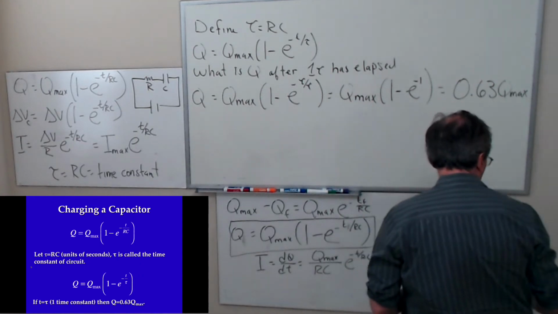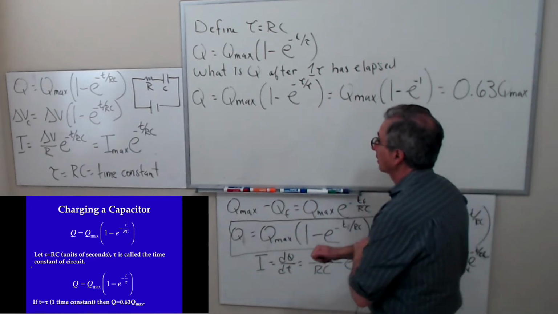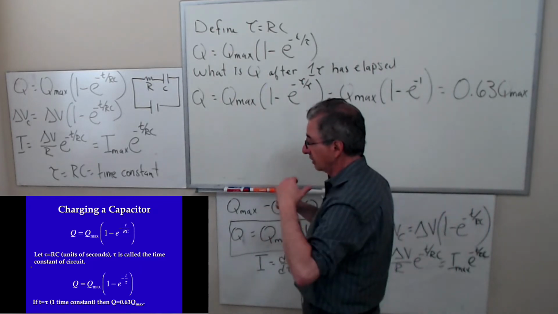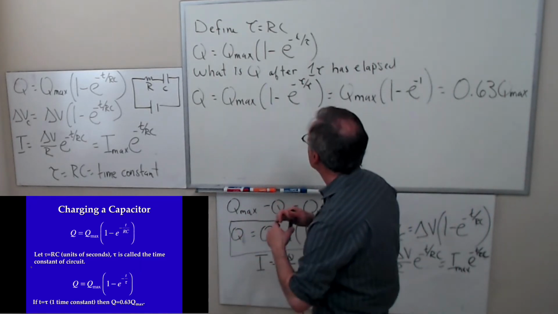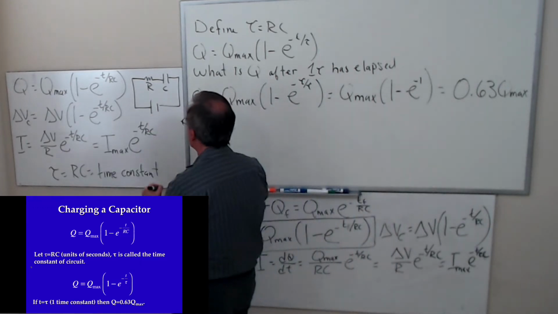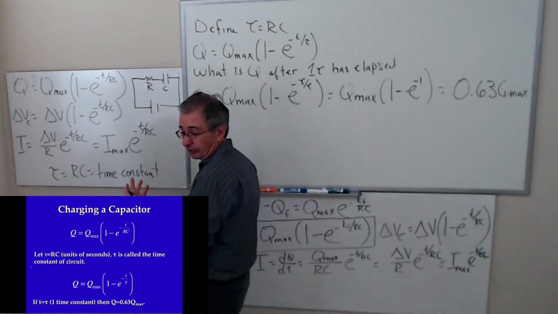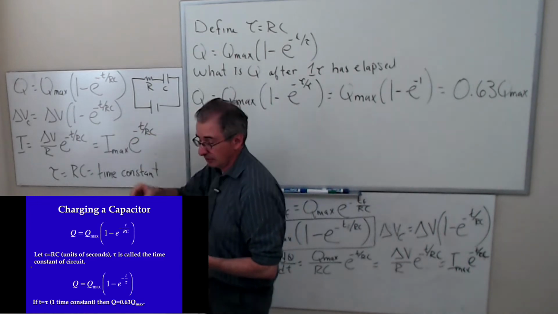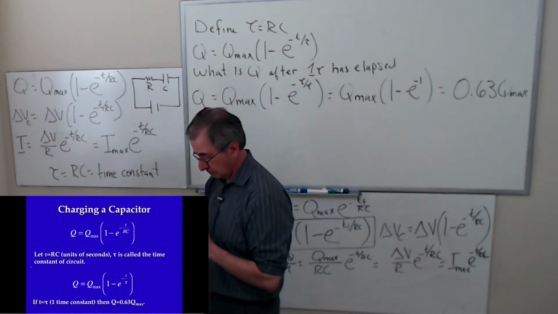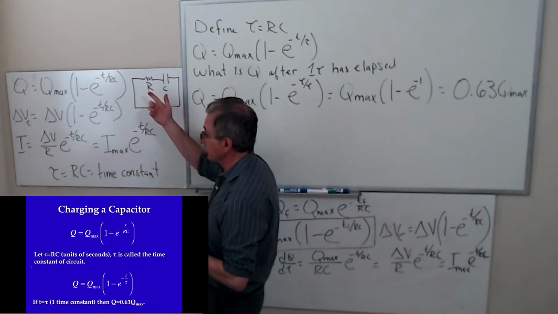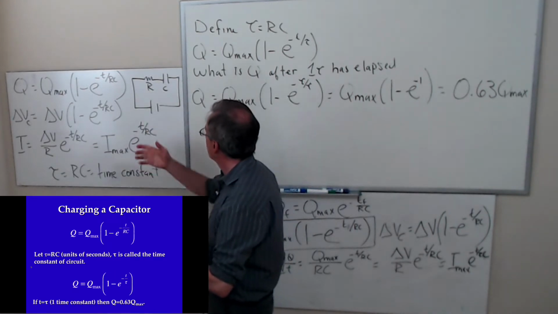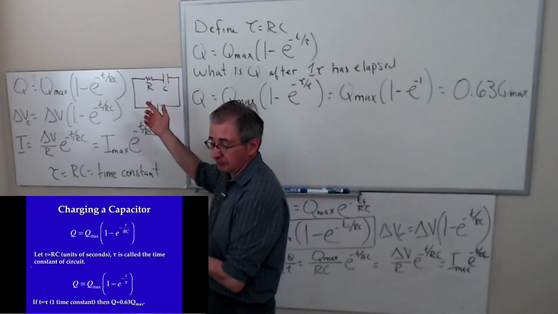So let me introduce a couple of terms here. What happens to the capacitor? It charges up, right? And the current varies with time. The voltage varies with time. So you apply power to the circuit, it responds, and the charge builds up.